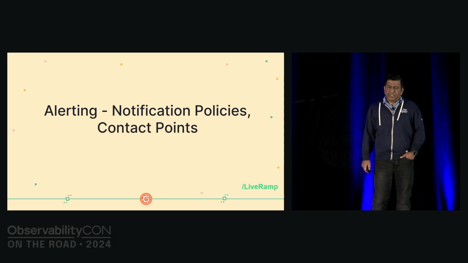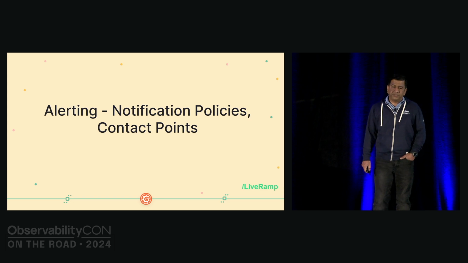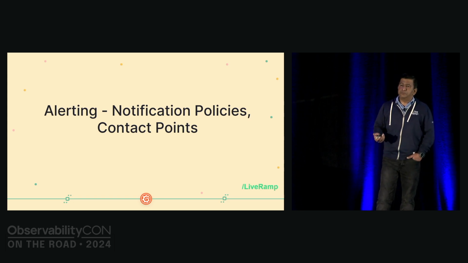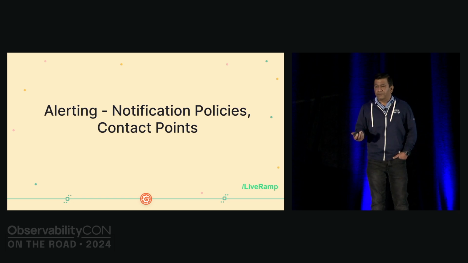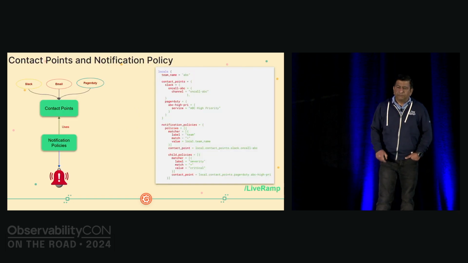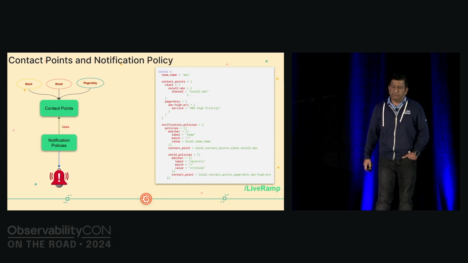So yeah, next let's talk about another important observability component, which is alerting. And as we know, the contact points and the notification policies are the pillars for alerting. For alerting as well, we want to make a better experience for the engineering team, so we would like to be consistent in our approach.